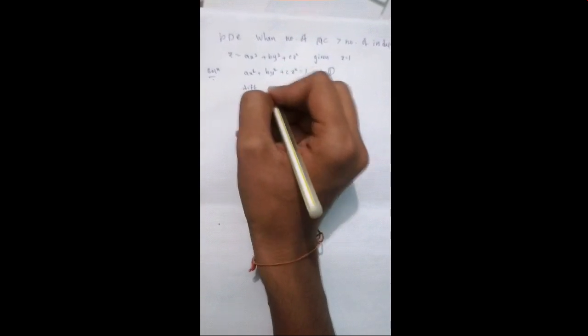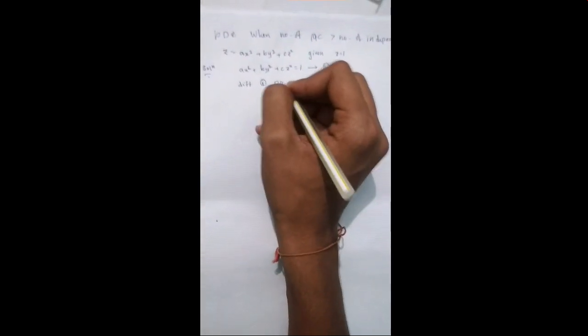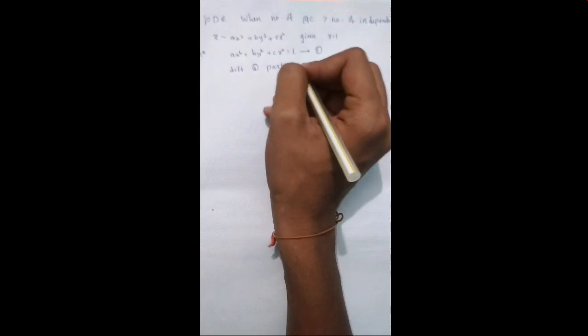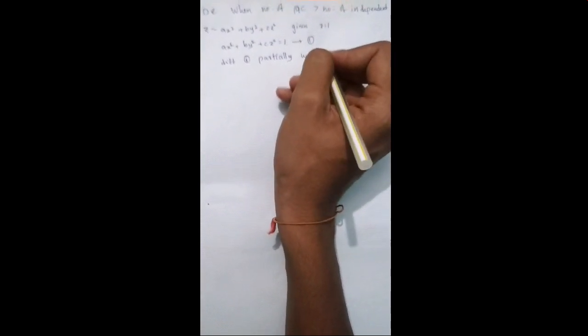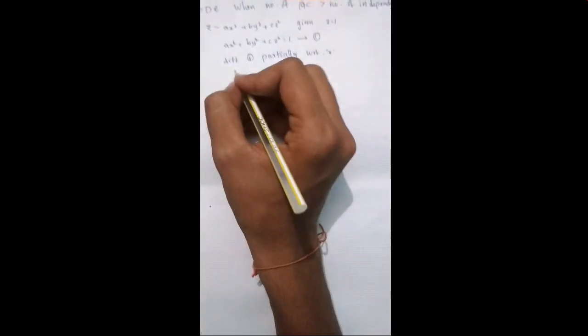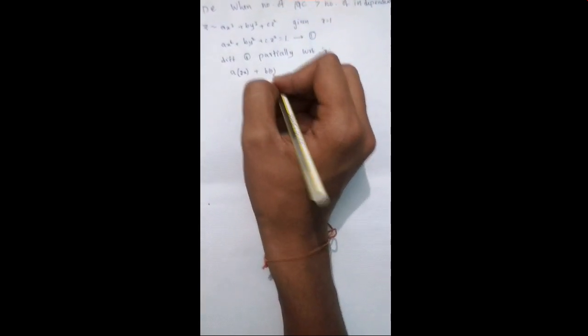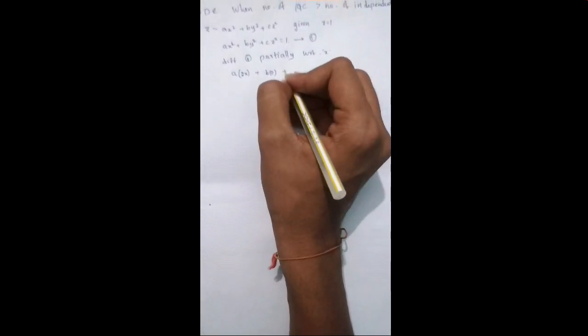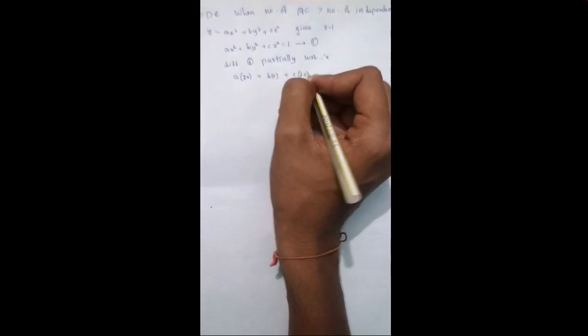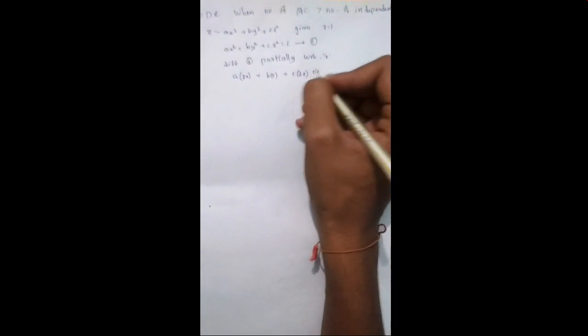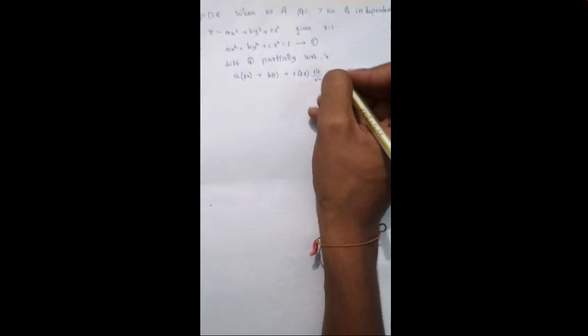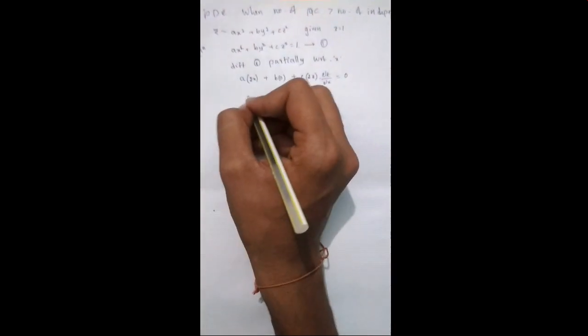Let this be equation 1. Differentiate 1 partially with respect to x. We get a into 2x plus b into 0, since y is constant with respect to x, plus c into 2z into ∂z/∂x, because z is a function of x, equal to 0. 1 is a constant.